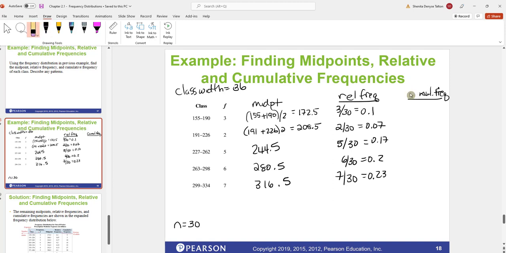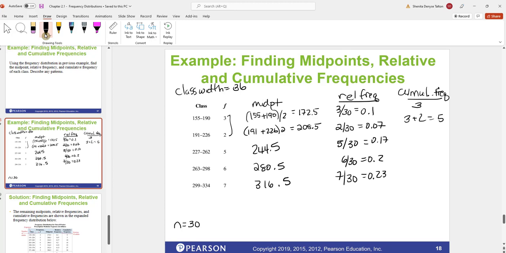Now we're going to talk about cumulative frequency. I'm going to write this a little better. Cumulative frequency is when you take your first value and then it just accumulates. So the first frequency is 3. The cumulative frequency for the next one would be 3 plus 2, which is 5.